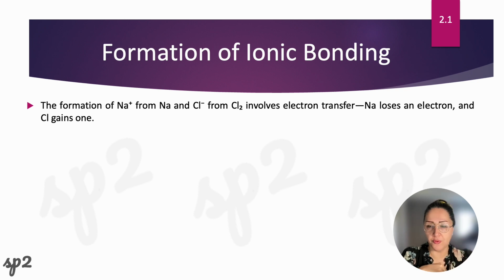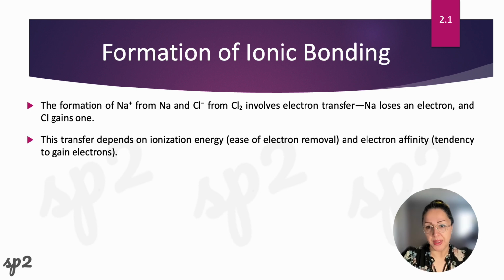Okay, so think about the formation of sodium ion from sodium and chloride from chlorine gas. This is going to involve electron transfer. Sodium is going to lose an electron and chlorine is going to gain that. This means that we should talk about two important properties, right? The first one is your ionization energy. How easy is it for the sodium to let go of an electron?